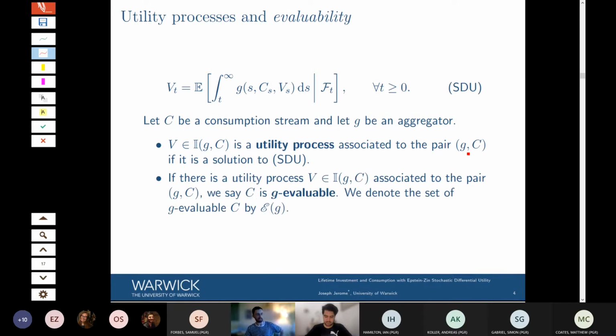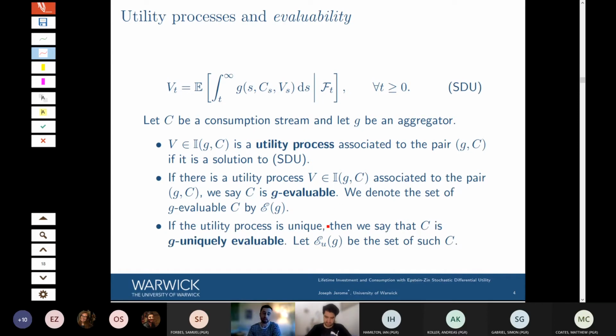And if C has a utility process associated to it, then it's going to be called evaluable, and we're going to denote that set by script E of G. Similarly, if it's got a unique utility process associated to it, then we're going to say it is uniquely evaluable. Obviously the uniquely evaluable consumption streams are going to be some subset of the evaluable consumption streams.